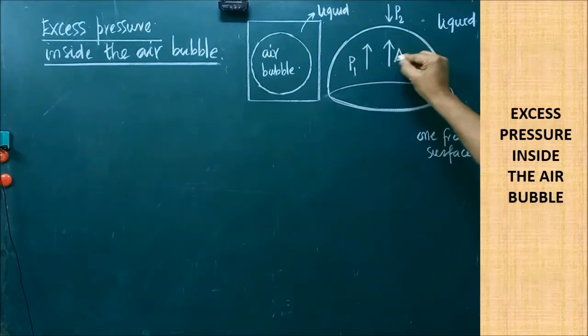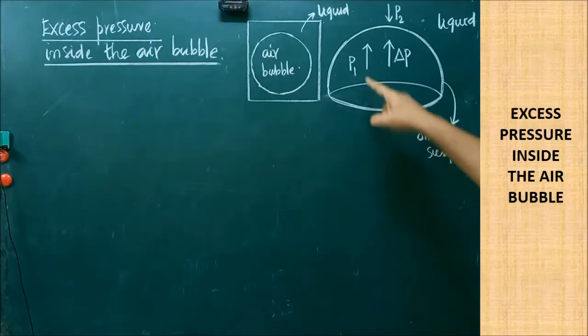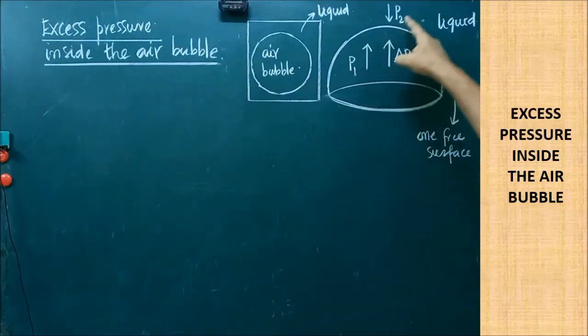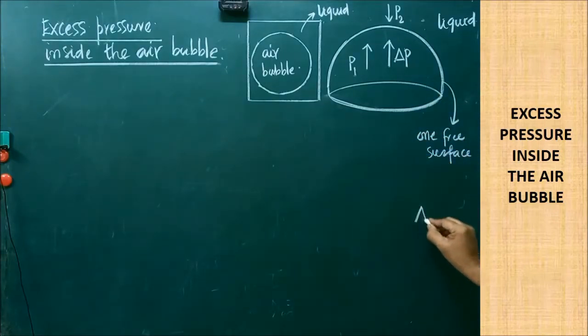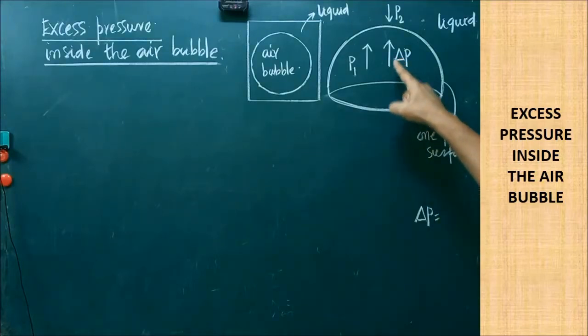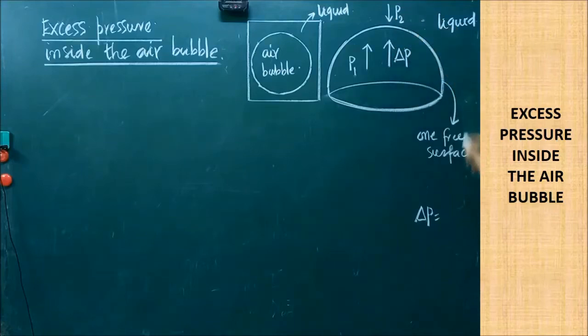Therefore, what is del P? Del P means the excess pressure that is acting only on the concave surface. That you should not forget. So it shows that P1 is dominating and P2 is less. Since del P is acting in this direction, P1 must be greater than P2.